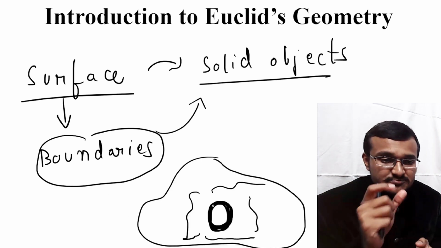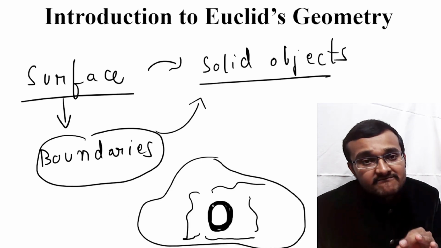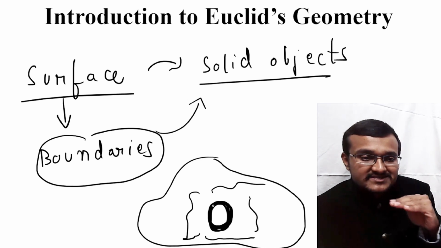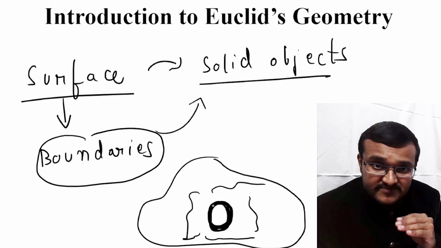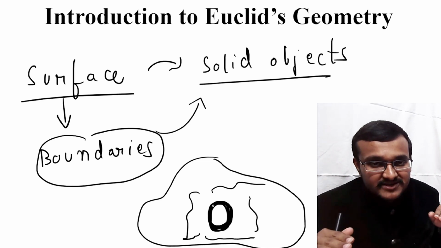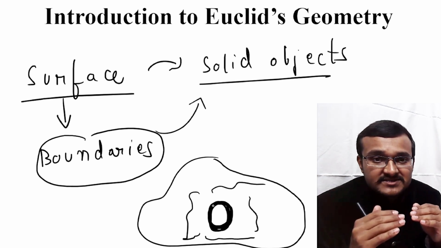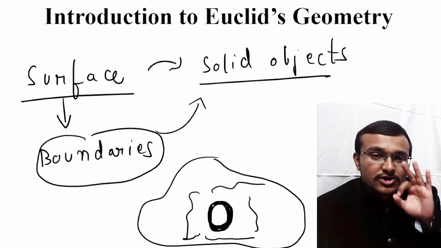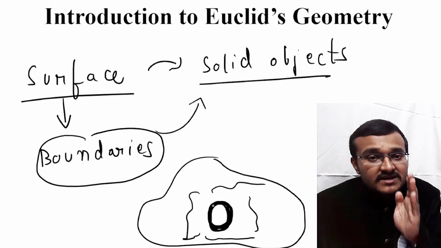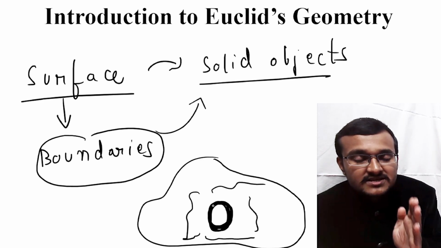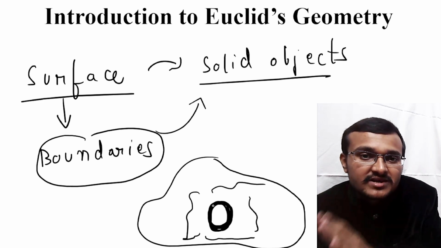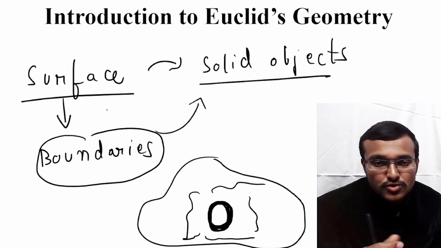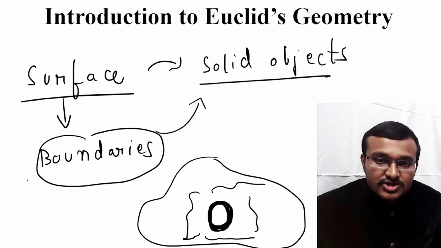One thing you should remember: a surface does not have any thickness. A surface can be a curved surface or a plane surface, and it is strictly restricted to that particular object only. This surface term was also coined by the mathematician Euclid.